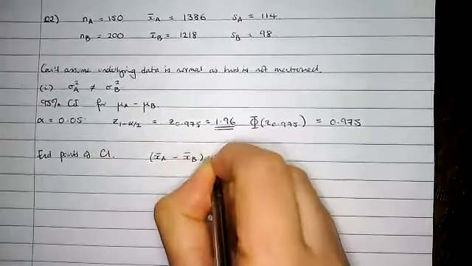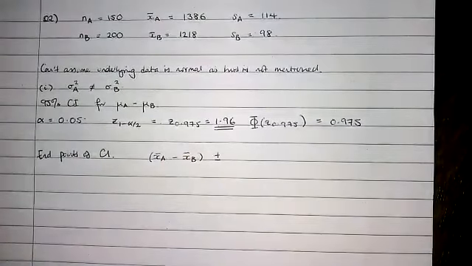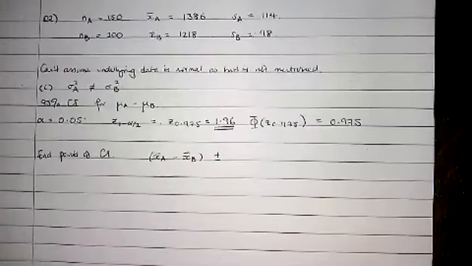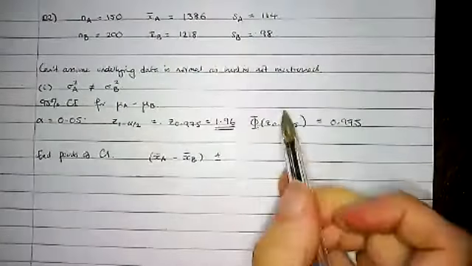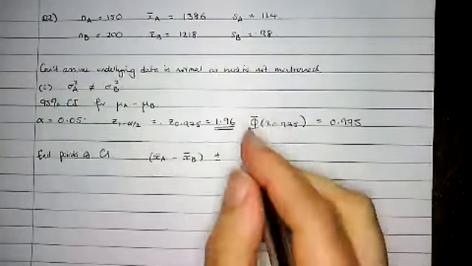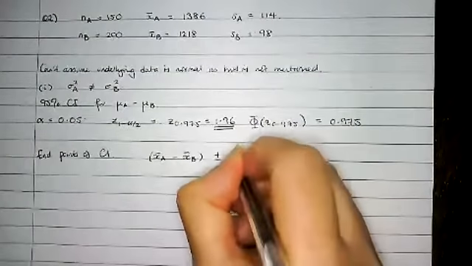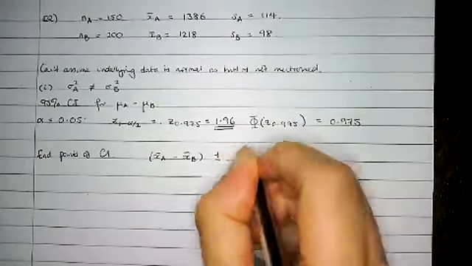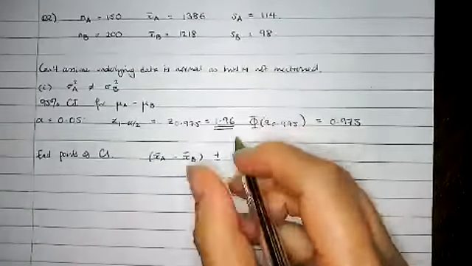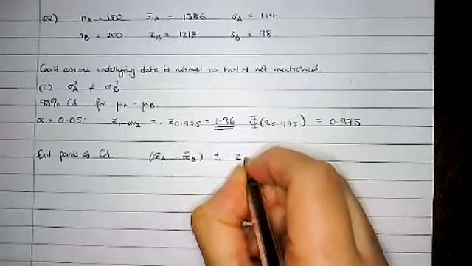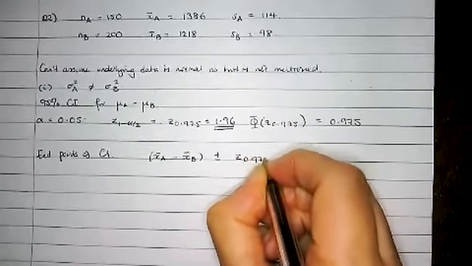And then I've got a plus or a minus because I'm going to want to go slightly to the left and slightly to the right for each end of the confidence interval. And then I'm going to be using the relevant Z, so Z 0.975.